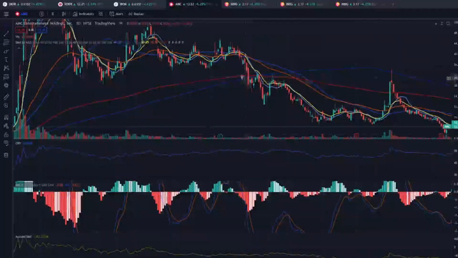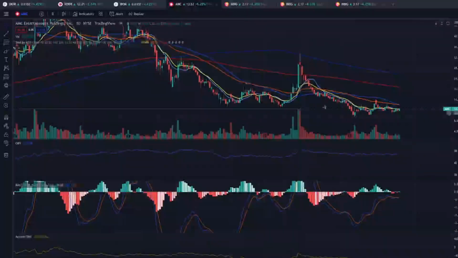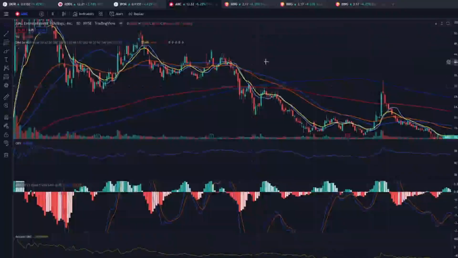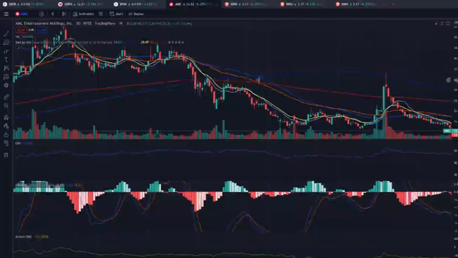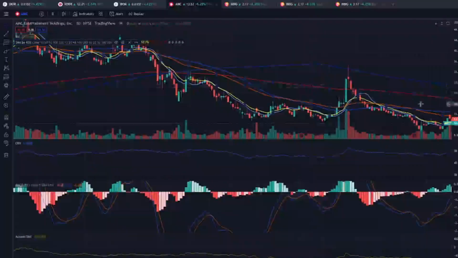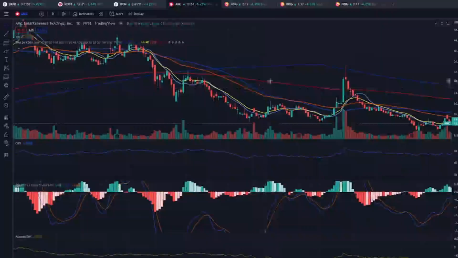This is a pretty telltale sign that a downtrend is about to follow, and we can see that pretty much played out. But if we look over here, the real moment when things really took a nosedive is here. The lighter blue line, which is the 50 moving average, crossed under the 200 moving average.